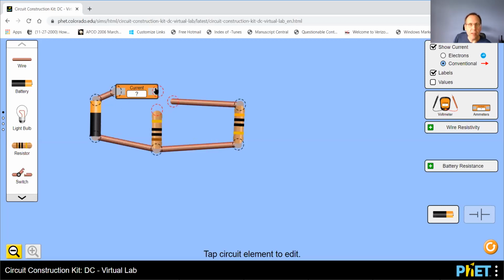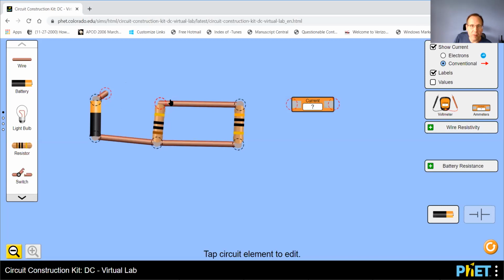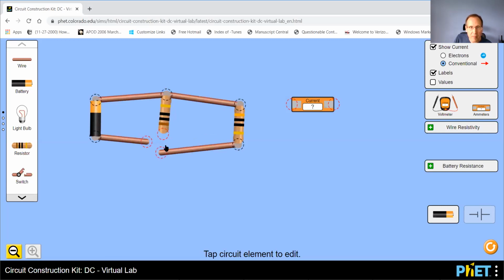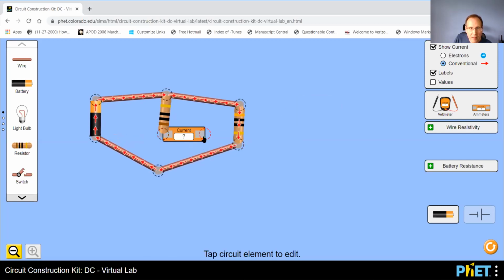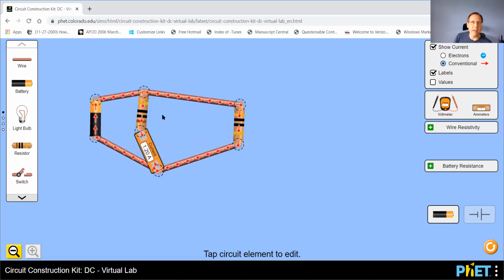Then if I want to measure I2, that was a current going through here, the first resistor. So what you can do is you could split this, maybe do it this way, connect these two, right? Move it apart somehow, and then move this in like that. And then that would be the current going through that first resistor. Then do the same thing for I3, and then the same thing over here for I4, right? So you want to measure those 4 currents.